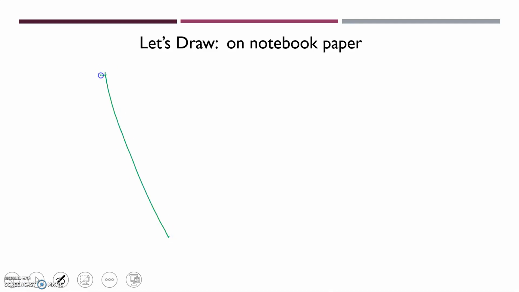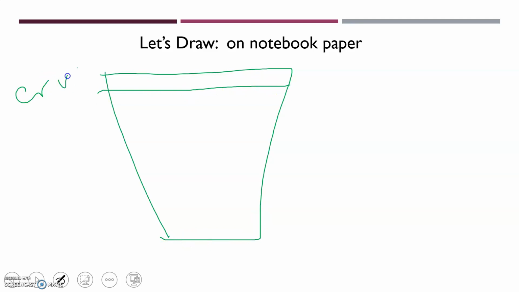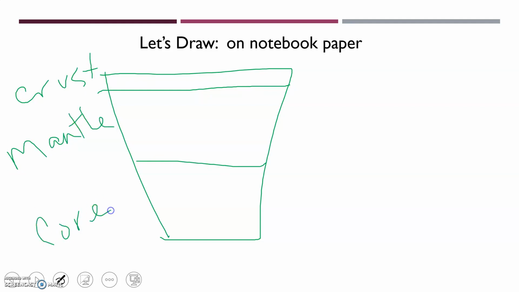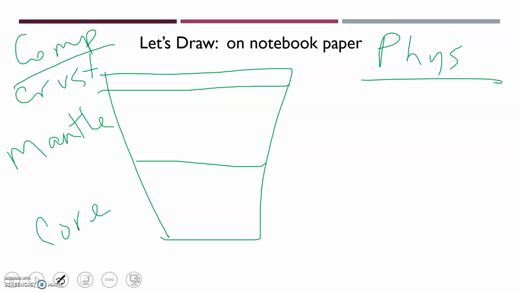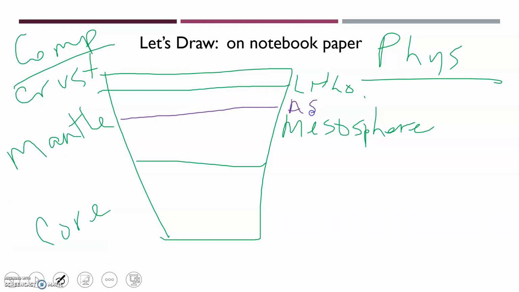So over here, we'll have the crust. Sorry about my writing. The mantle and the core. And these are the composition layers. Over here, we're going to have the physical, and we're going to have the lithosphere, the mesosphere, which is this big piece, and in between those we're going to switch colors and add the asthenosphere.